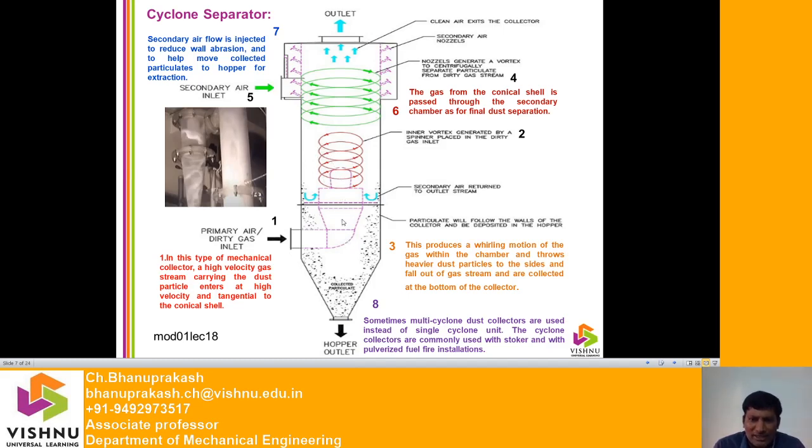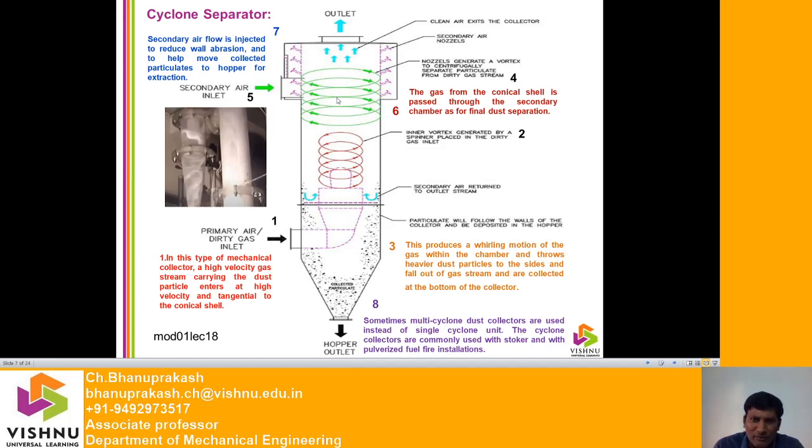Due to this vortex motion, it produces a whirling motion of the gas within the chamber and throws heavier dust particles to the sides, and they fall out of the gas stream and are collected at the bottom of the collector. There are a number of nozzles here, and we are supplying secondary air through the nozzles to generate a vortex to centrifugally separate the particulate from the dirty gas stream.